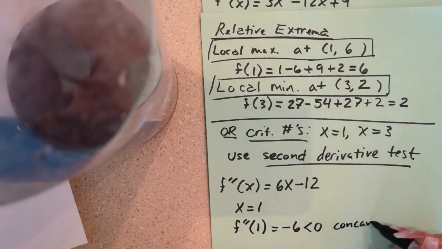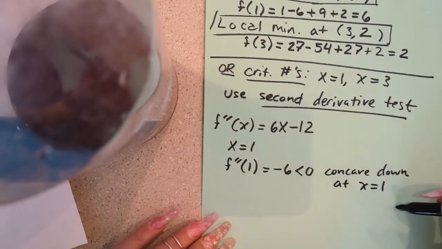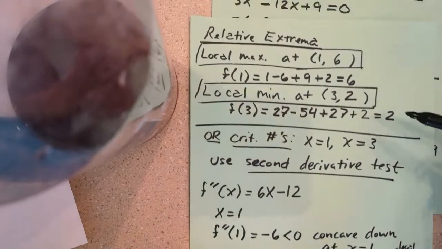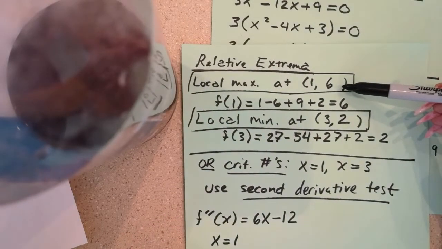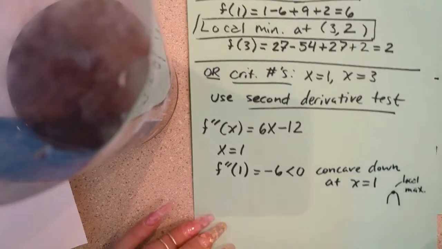So that means the graph is concave down at x equals 1. So that would imply then, if it's concave down at that critical number, that must be a local max. So let's see if that matches. Well, that's the same conclusion we reached up here. We have a local max then at 1, and then we'd still have to plug in 1 to get the corresponding y value of 6.